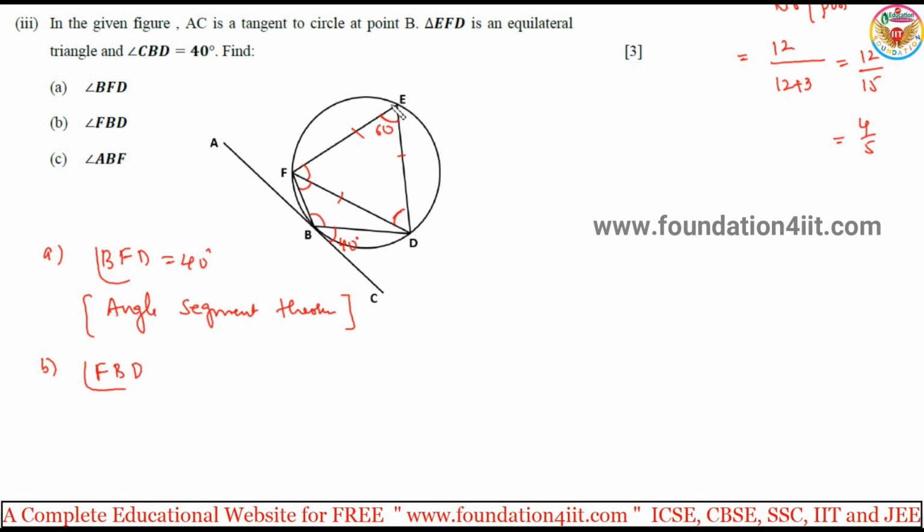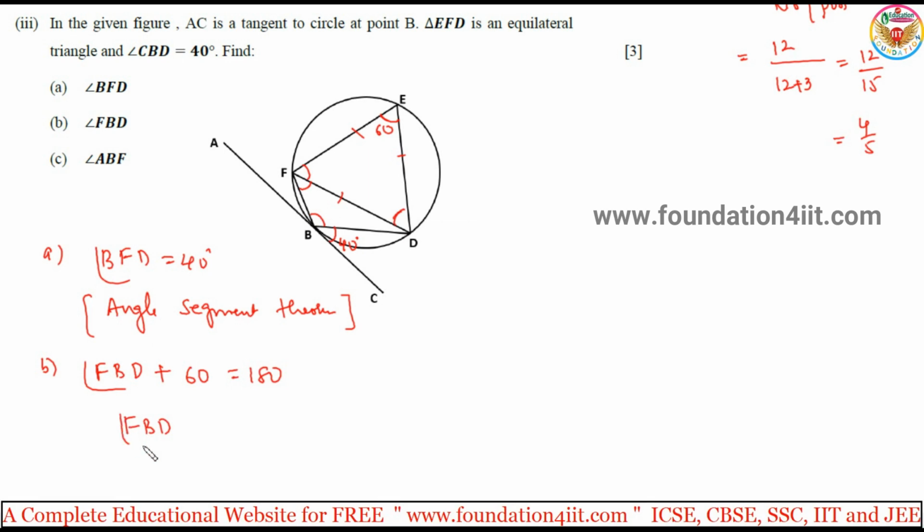FDE is an equilateral triangle, 60. Now if you apply the cyclic quadrilateral property, the sum of the opposite angles in a cyclic quadrilateral is 180. So angle FBD plus 60 is equal to 180. Then angle FBD is 180 minus 60, which is 120 degrees. This is 120 because FBDE is a cyclic quadrilateral.